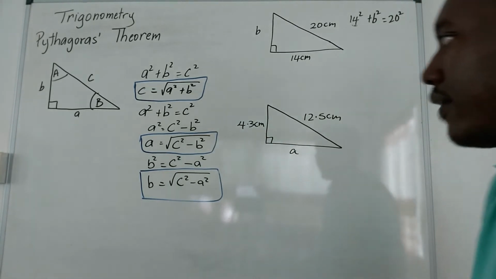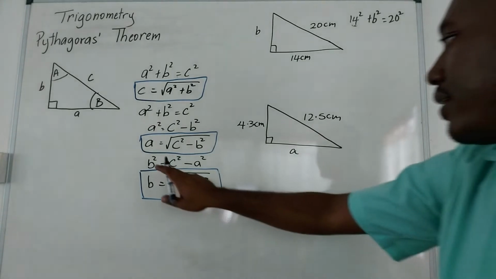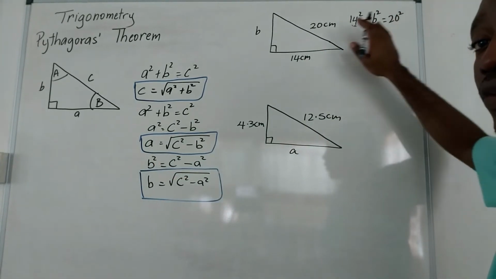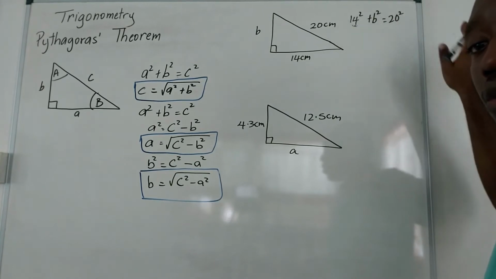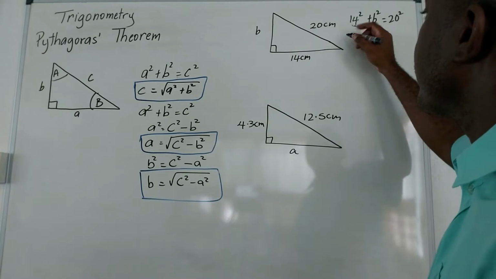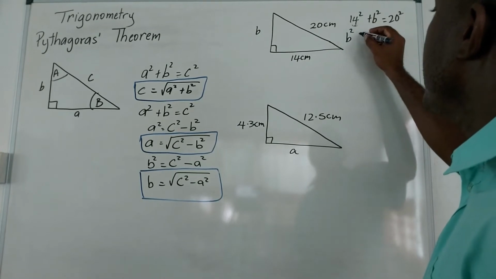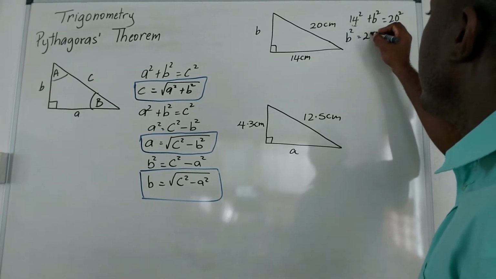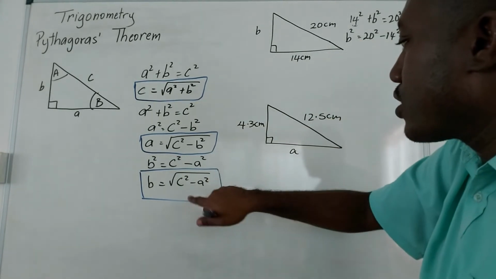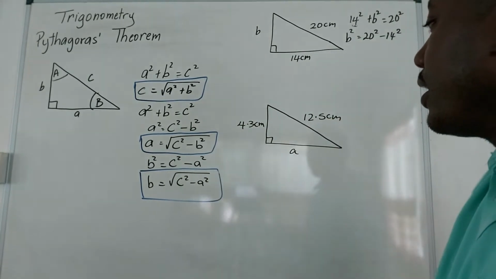We start with that. And let's see how we will get here. Now we take over our 14. So 14 is adding over here. When it goes over, it will subtract. So b squared is equal to 20 squared minus 14 squared, just as we have our formula here.